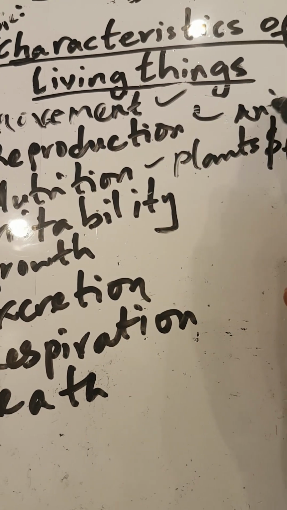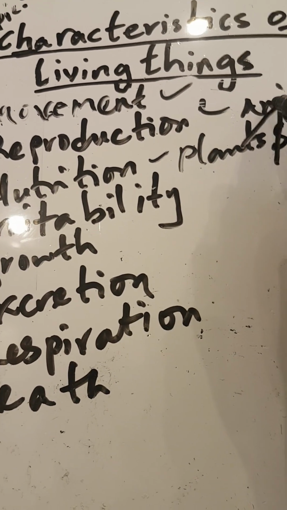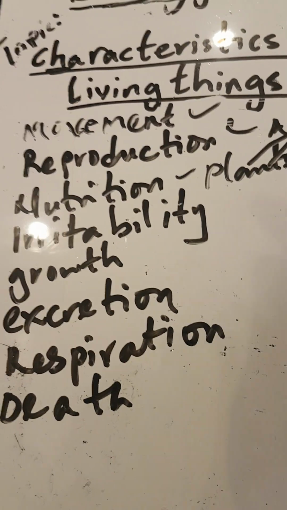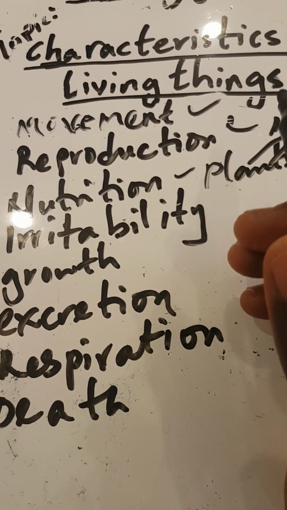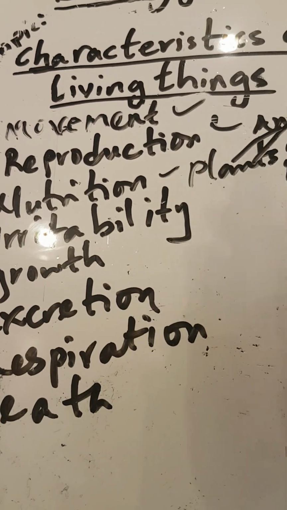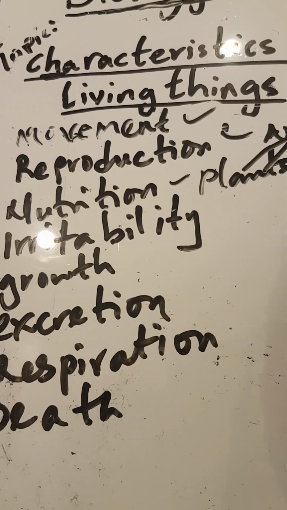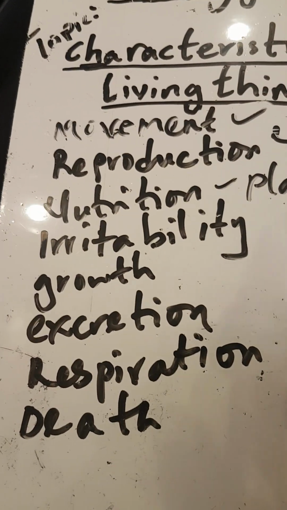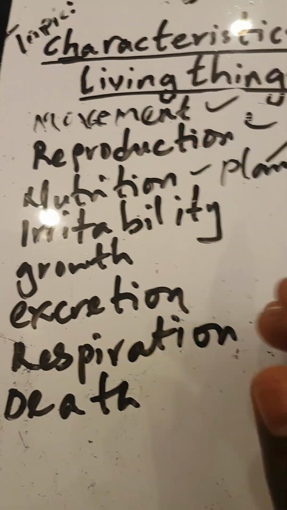Some animals feed on both plants and flesh, while some only feed on plants, while some feed only on flesh. So animals that feed only on plants are called herbivorous animals. While animals that feed on flesh and plants are called omnivorous animals. While those that only feed on flesh are called carnivorous animals.